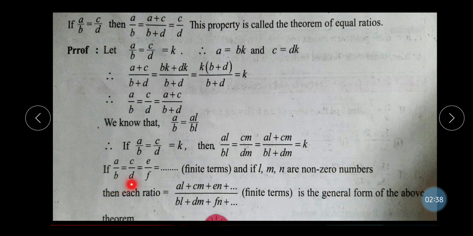If a/b = c/d = e/f till infinite terms, and if l, m, n are non-zero numbers, then each ratio, that is (al+cm+en+...)/(bl+dm+fn+...), is the general form of the above theorem, that is the theorem of equal ratios.